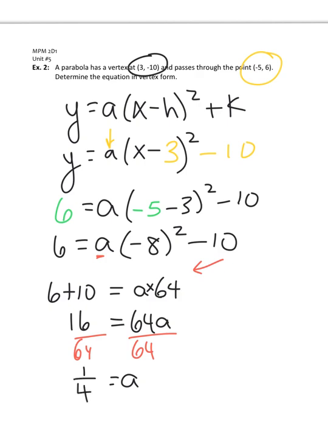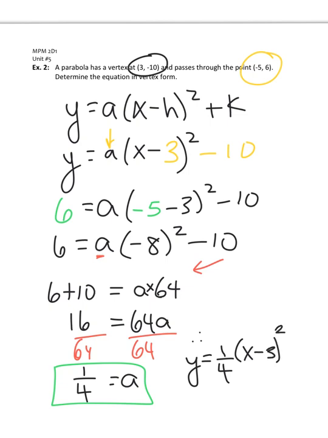So there's my a value here. My equation is going to be, therefore, y equals 1/4 for the a, x, and then -3 for the x coordinate of the vertex squared, and then -10 for the y coordinate. So there's our equation in vertex form, and that is it.